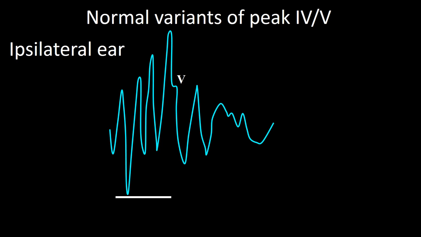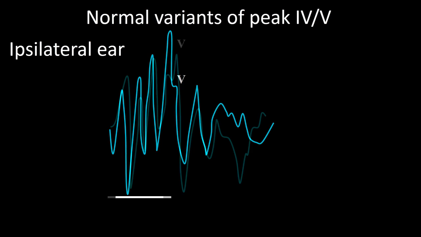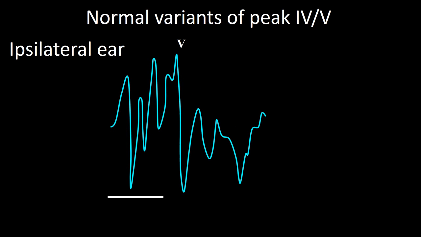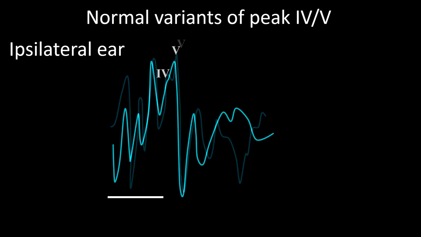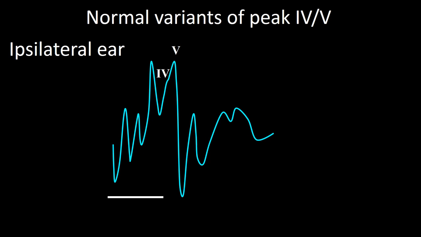Wave 5 may present in the descending arm of wave 4 or at the peak of wave 4. In other cases, wave 4 may just be a small hump on the ascending arm of wave 5.